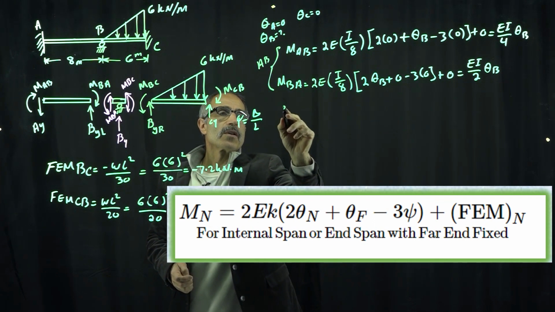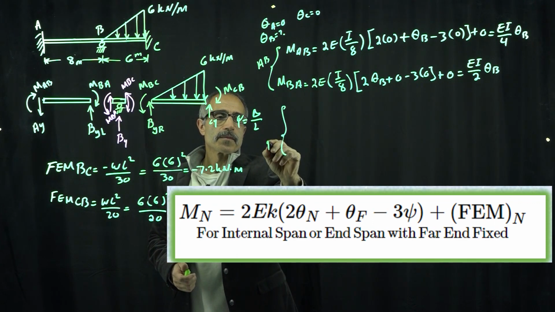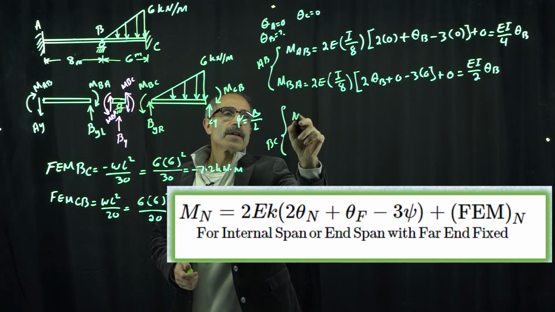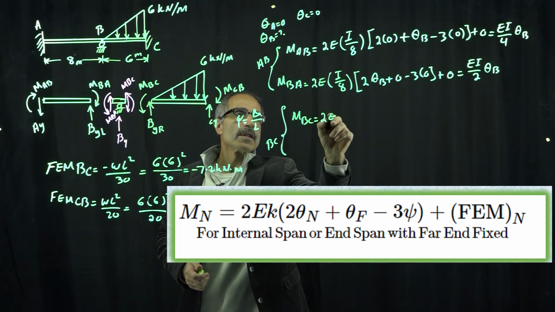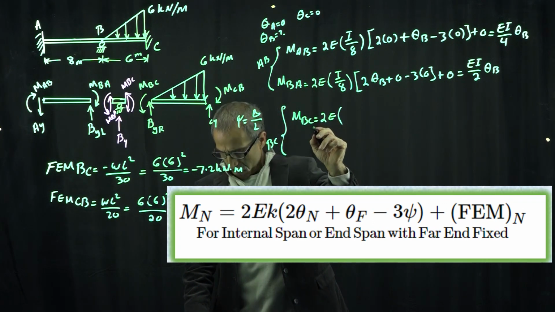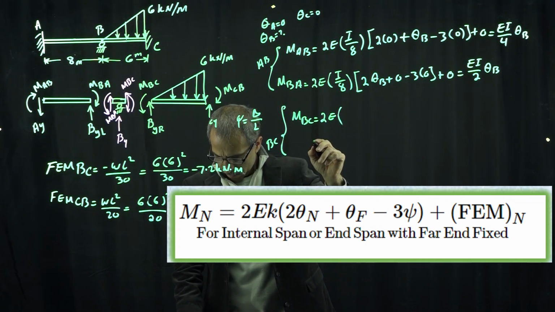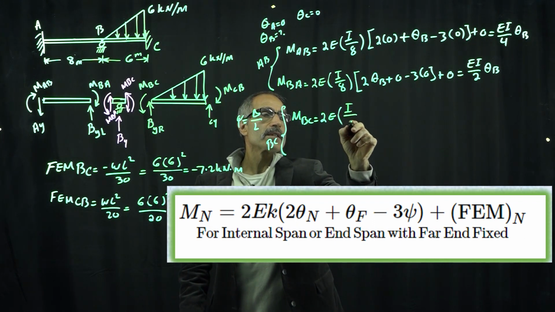Now we're going to go to member BC. We're going to have MBC, which is equal to 2EI divided by 8. No, it's going to be divided by 6. That's right, the length is 6.